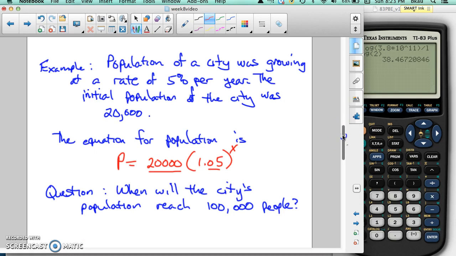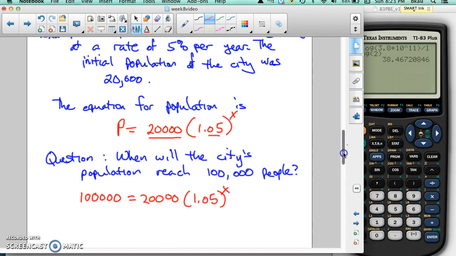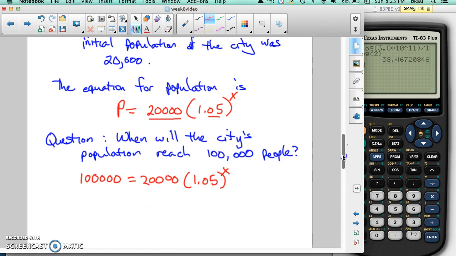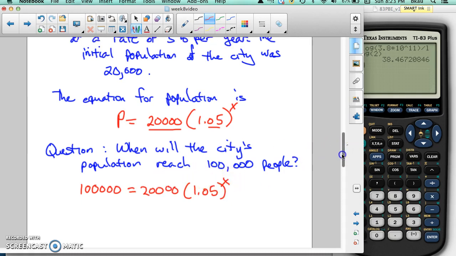This is my equation, and if I answer the question, when is the population 100,000, we would write an equation with 100,000 in it. 100,000 equals 20,000 times 1.05 to the x power. This would be my equation that I would want to solve. We're going to use logarithms again to try to move this x down in front of that value.